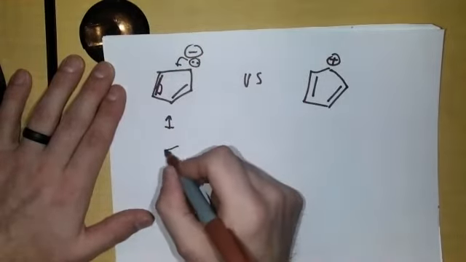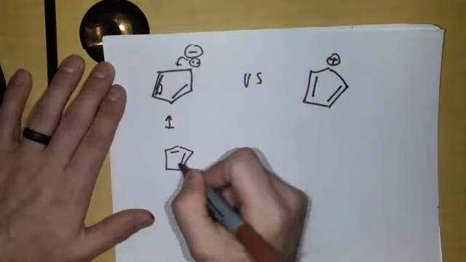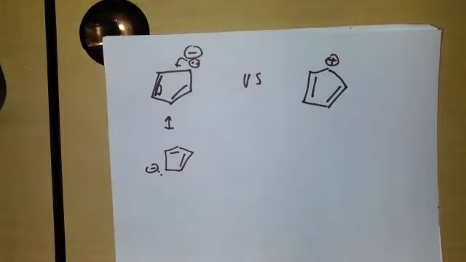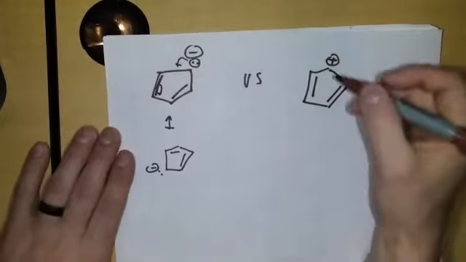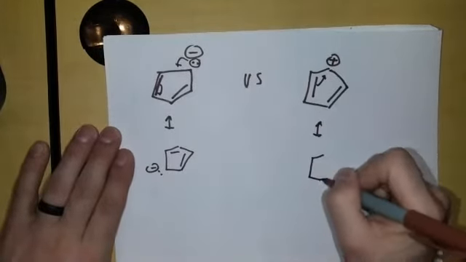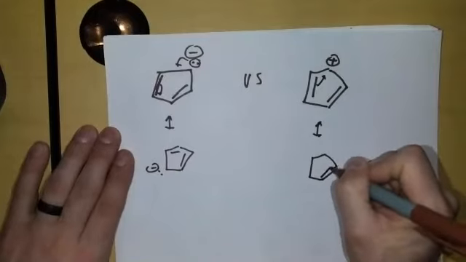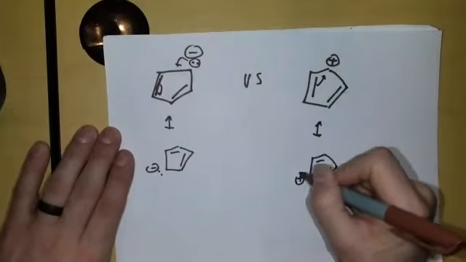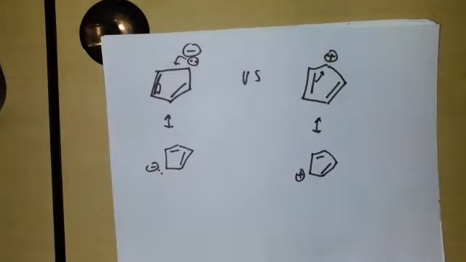They're part of your pi system. Same thing with this positive charge. Because we have this positive here, these are both fully conjugated. They both fall into all of our categories.